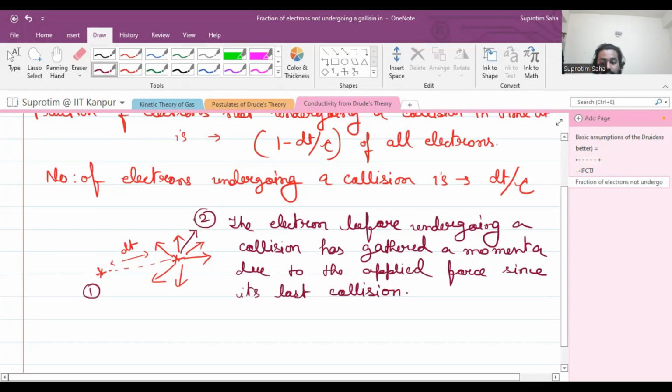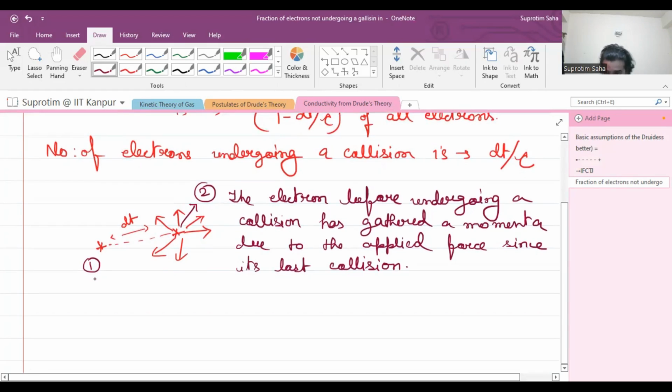Since collision 1, it has gathered a momenta due to the applied force, right? And within that time, the electron has undergone a collision. At most, the time dt can be tau, because beyond that every electron has undergone a collision, since the typical time scale between two successive collisions is tau. We are looking at a time dt which is less than tau. So now we are looking at the contributions, if at all, from the electrons that have undergone a collision.